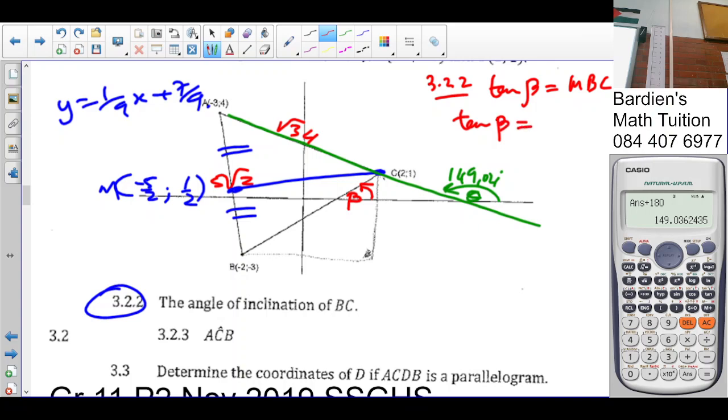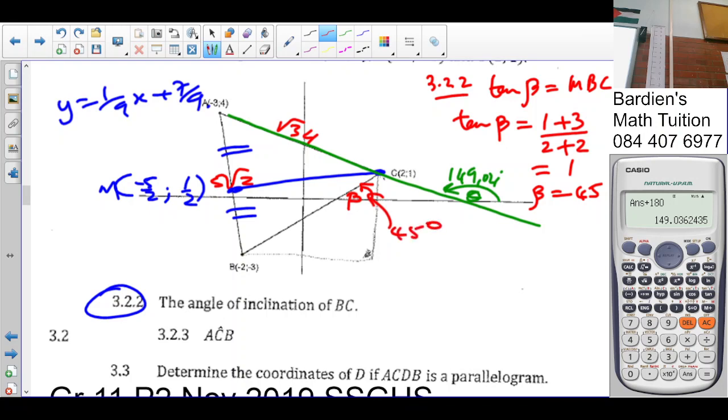So the gradient of BC is going to be 1 minus 3 over 2 minus 2. So they give you 4, which gives you 1. Arctan of 1 gives you 45 degrees there. So that angle is 45 degrees.